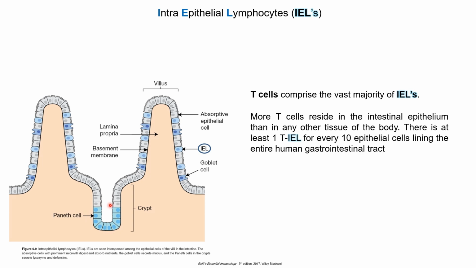Here are crypts, Paneth cells. There are stem cells here, and they're constantly making new cells which migrate upwards. You might have studied that, or you might go on to study that in cell biology. You have goblet cells which are secreting things necessary for the mucosa, and we have the standard epithelial cells lining the villi, which are absorbing the nutrients that we want.